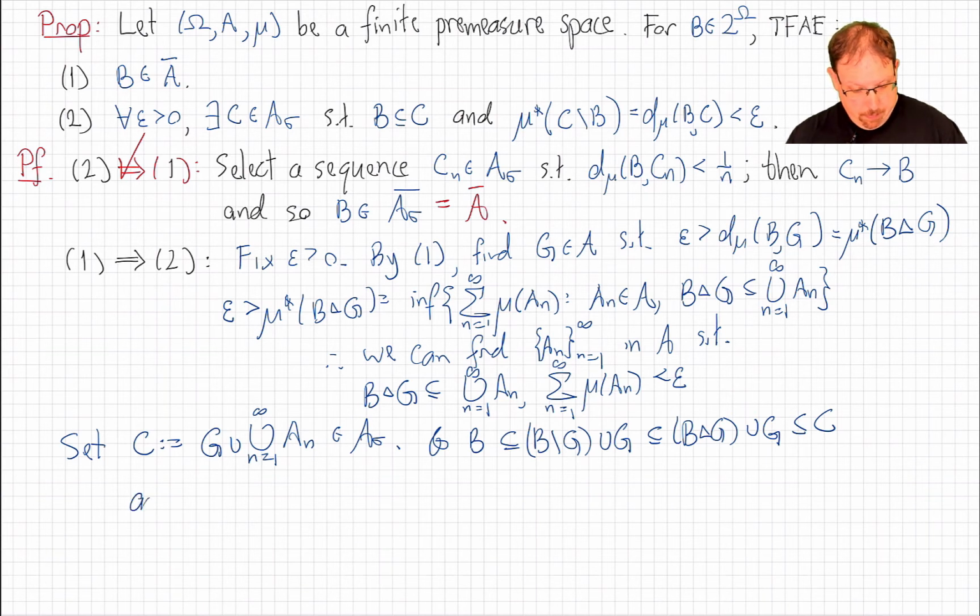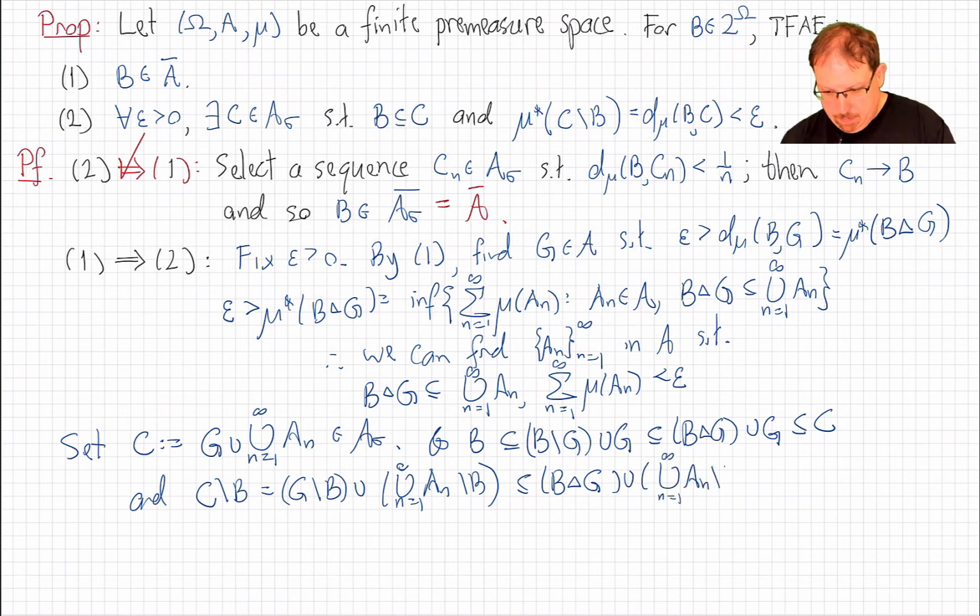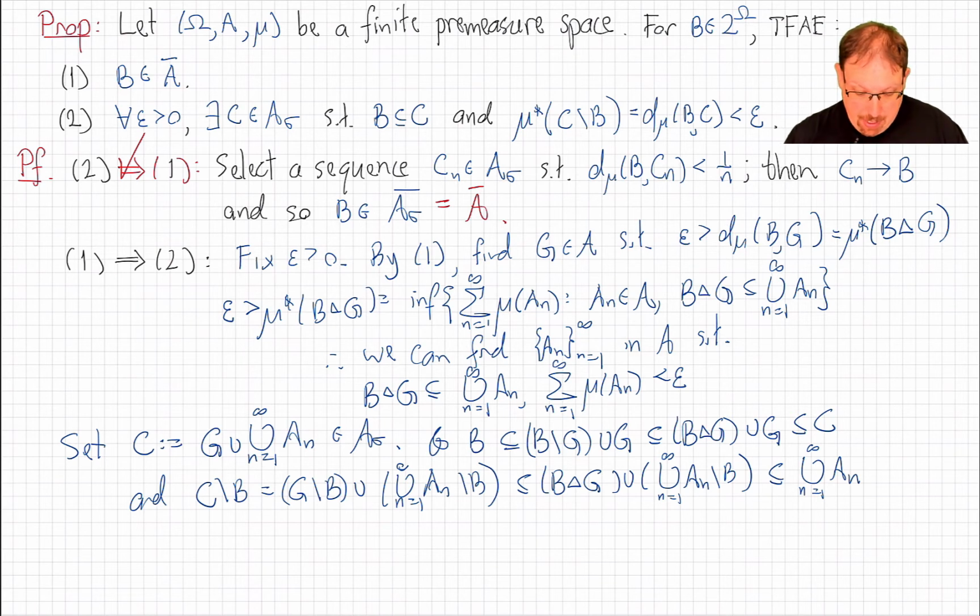Well, if I look at C minus B, that's equal to G minus B union with the union of the ANs minus B. And G minus B is contained in the symmetric difference of B and G. And now we see that that union is certainly contained in the union of the ANs. Each of the two terms is contained in the union of the ANs.